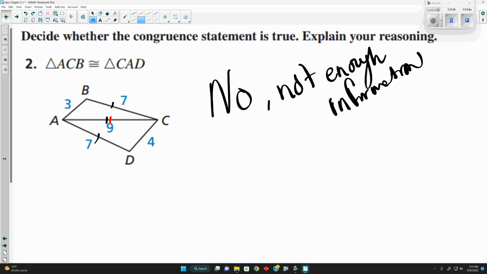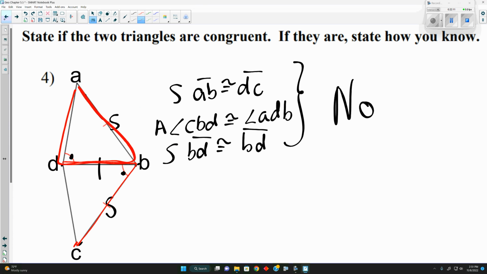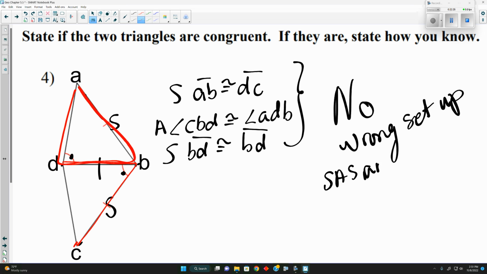The one before, here, no. We can say what? Wrong setup. Or we can say one was side angle side, and the other was side side angle. They didn't match.